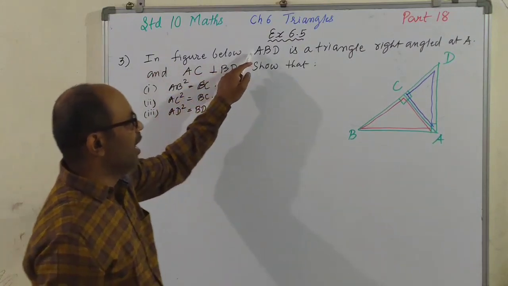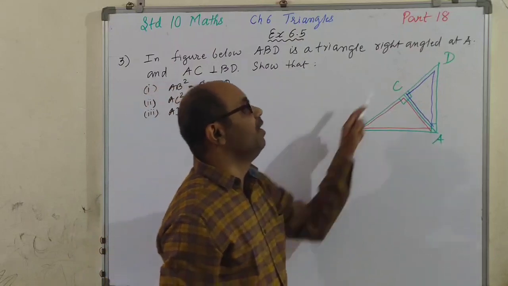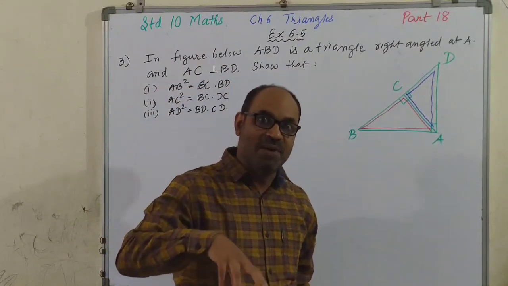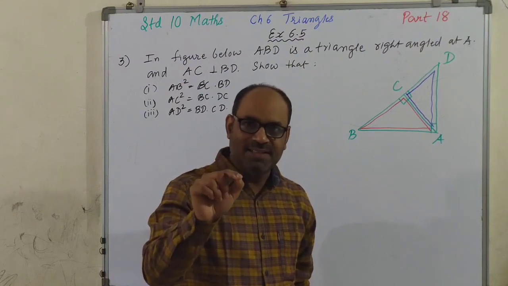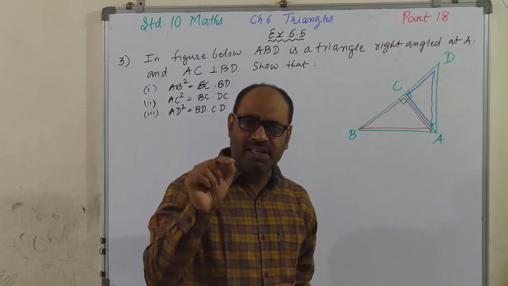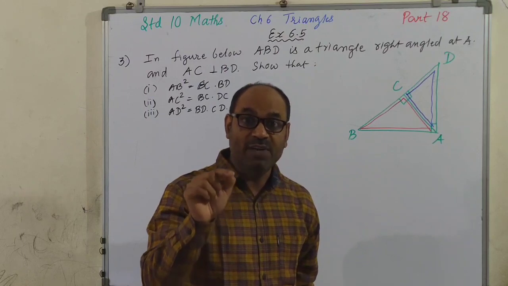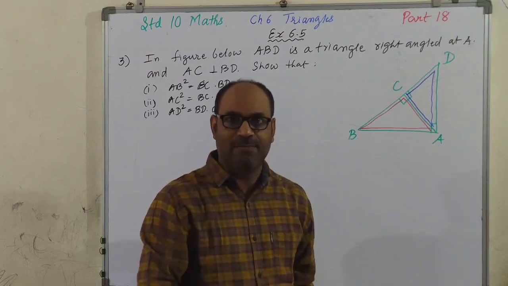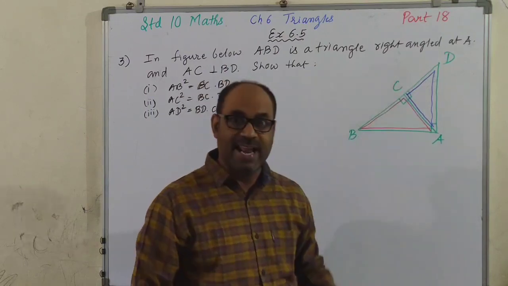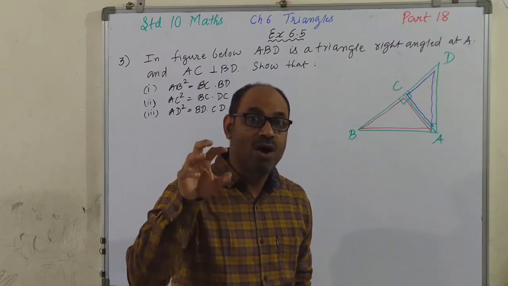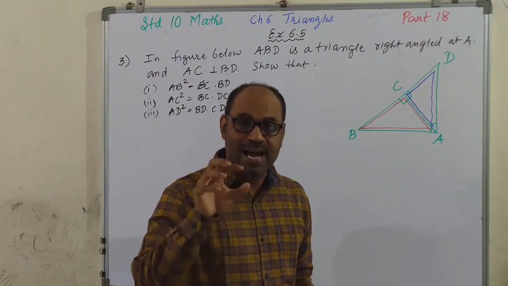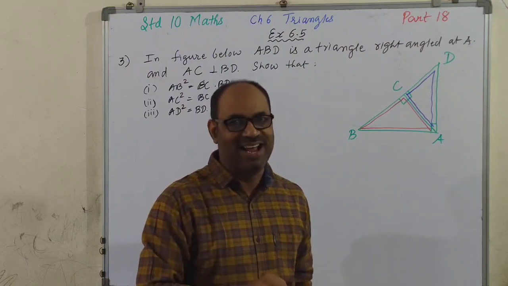In the figure below, ABD. Normally it is ABC, here it is ABD, and that is the distinguishing feature of the NCERT board exam. They just change the name and they twist. So you should never have rote learning. You should understand everything and learn.